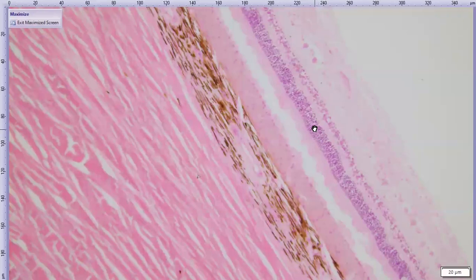And rods, if you remember back to that plastic section of the falcon, take up less space in the retina than cones, so you can cram more of them in, and each one of those rods has to have a nucleus. So there's going to be more nuclei in the outer nuclear layer. And there's going to be fewer ganglion cells, because visual acuity is not the goal here. Visual sensitivity is the goal.